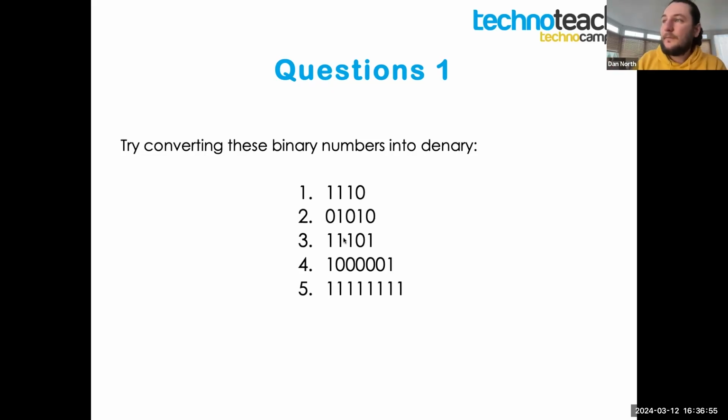And then the second one is 29. This one is 65 because we go up to 64 here. There's a one in the 64s column, and there's a one in the ones column, so it's 65.